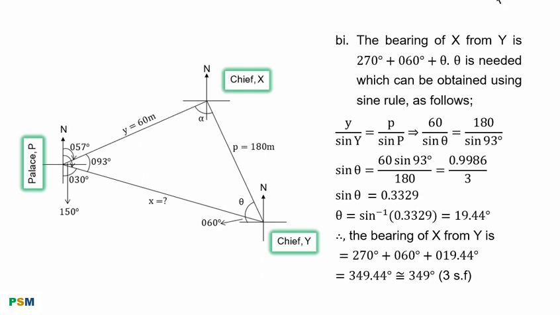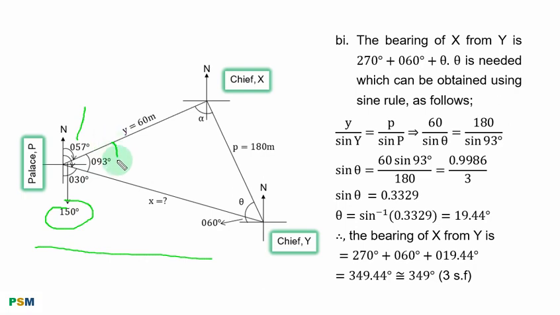The solution continues. You have the diagram where labeled. I have already explained all you have here. So from here to this point, 057 degrees. From here to this point, 150 degrees.